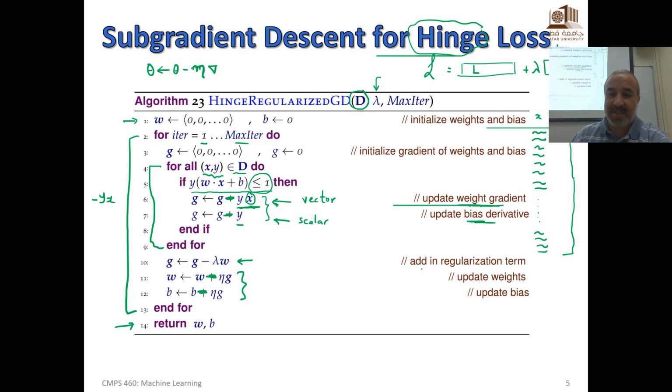That's the gradient with respect to the weights from the regularizer part. This gradient is just from the loss part. So we add them. Actually, if you change this to minus, then you should change this to plus, because the actual gradient with respect to the regularizer is plus lambda w.